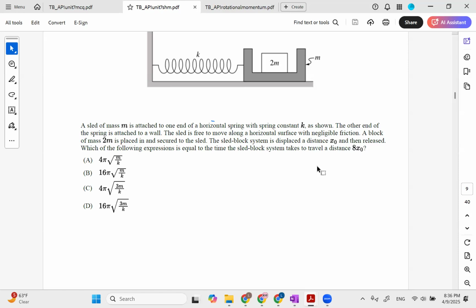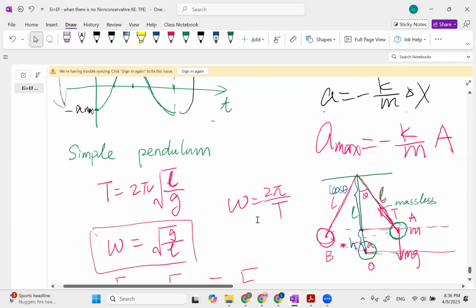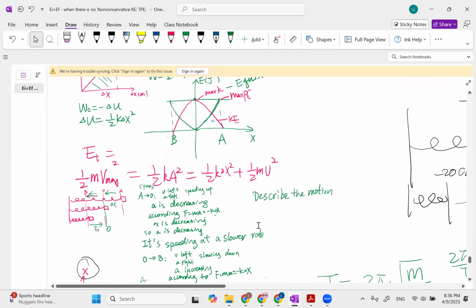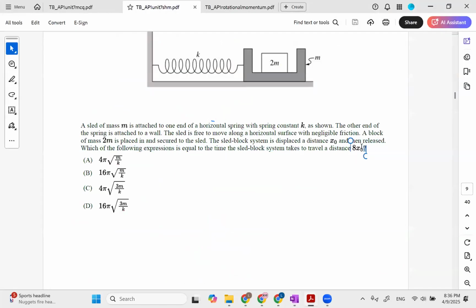What kind of question are you looking for? Try to look at the notes, right? This is a spring question. It says that you are looking for the time it takes to go through 8 x naught.